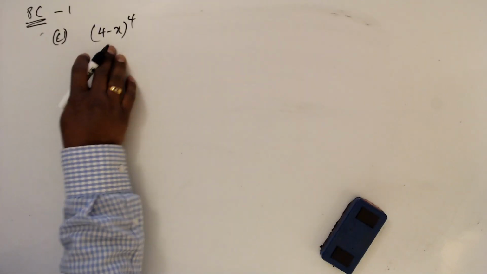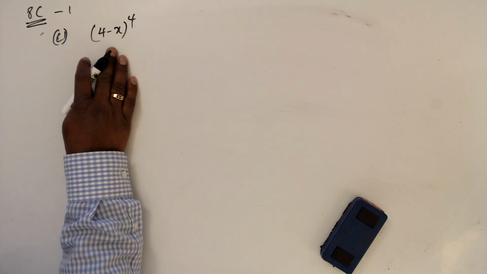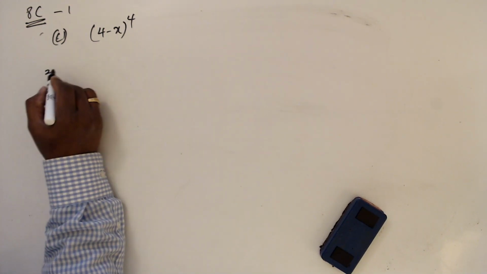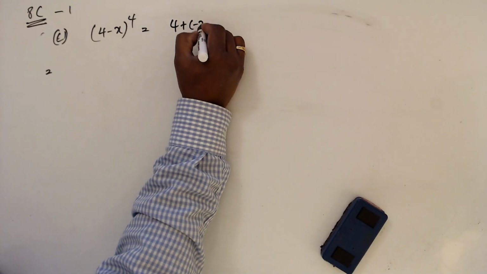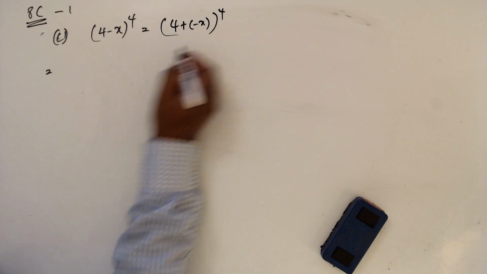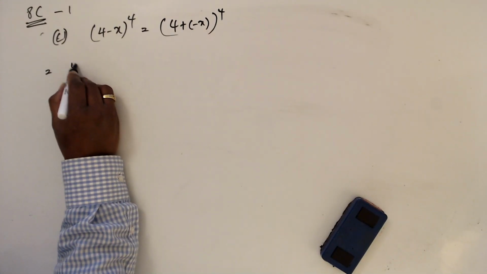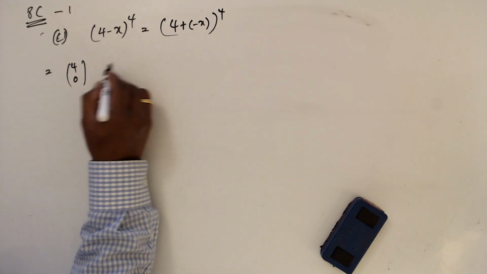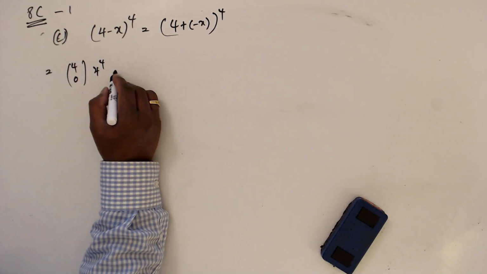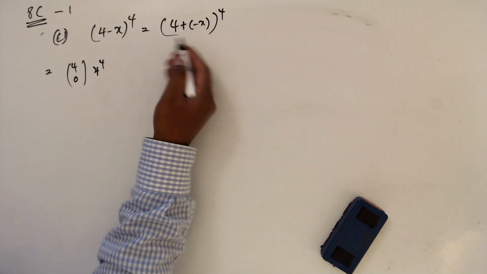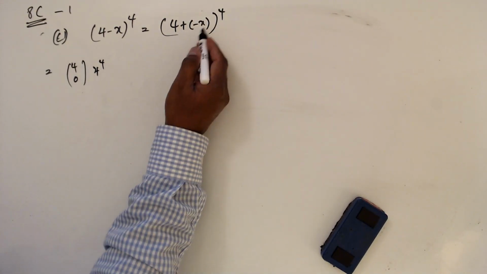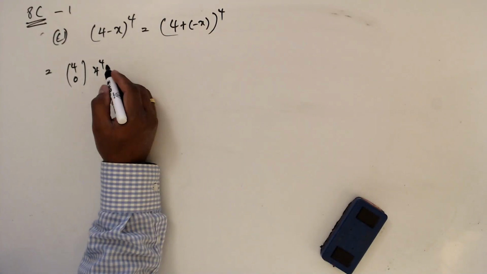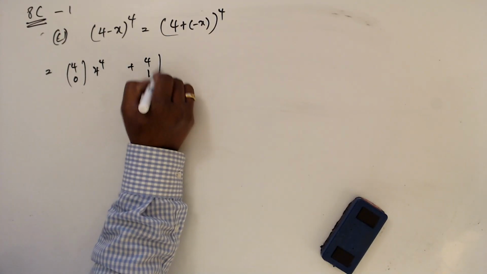See, 4 minus x to the power 4. So we have to write in this form. We can't expand this one. 4 plus minus x to the power 4. Then 4, 0, 4, 4. We can avoid the writing if we want the next term, because it is going to be 0 power. So 4, 1.